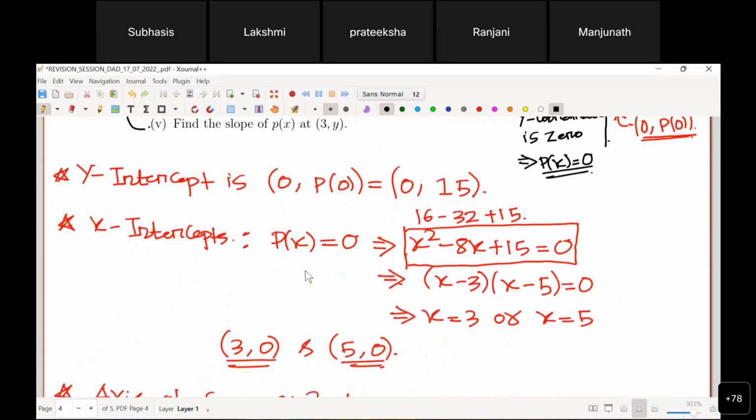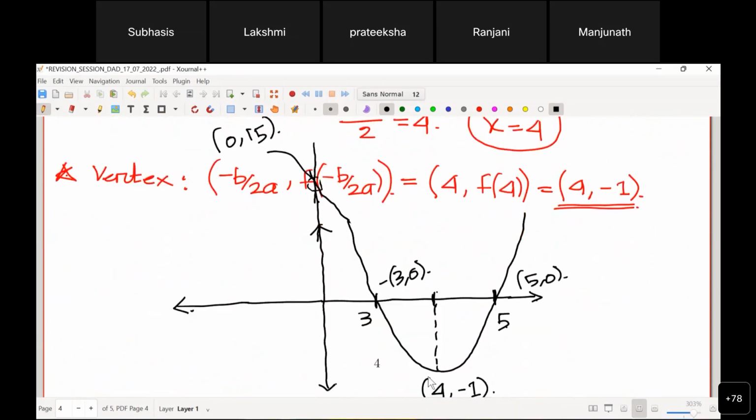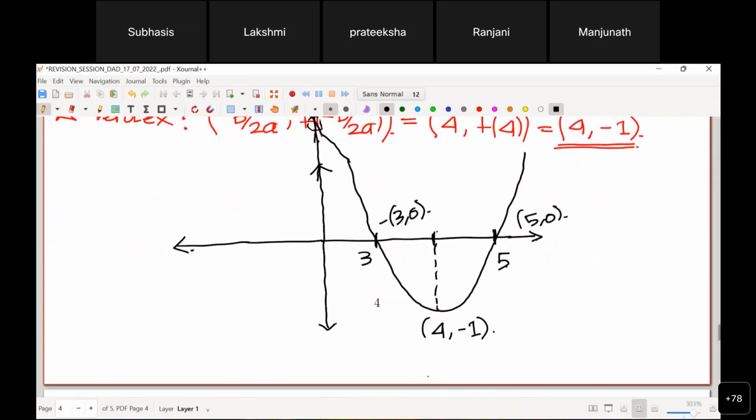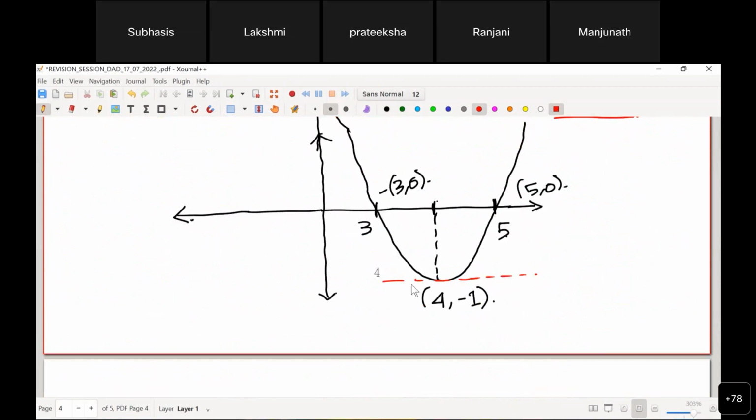Since it's bounded below, the y value cannot go below this line, right? That means the parabola has a minimum value.